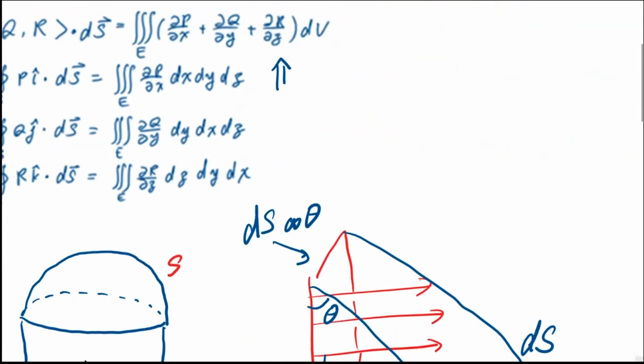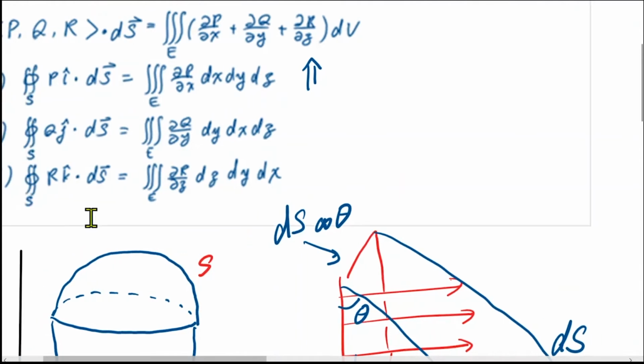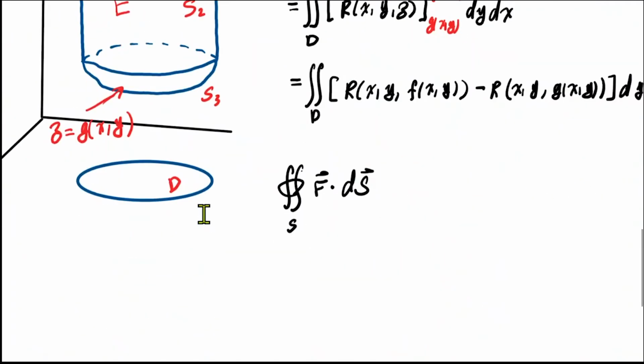Well, not F dot dS, I forgot. I'm only doing this part, R dot dS. So change that to R, a function of x, y, and z, make it a vector, then dot that with dS. So far so good?